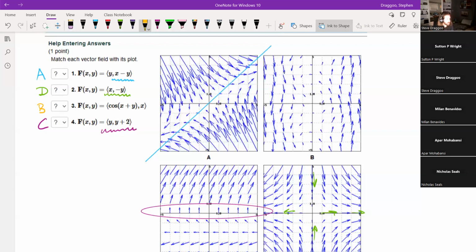But things I'd expect to see from this vector, since the y value only depends upon x: as I go further to the right, I should see my vectors pointing up. And as I move to the left, I should see my vectors pointing down.